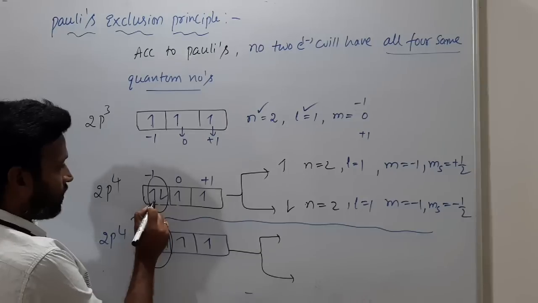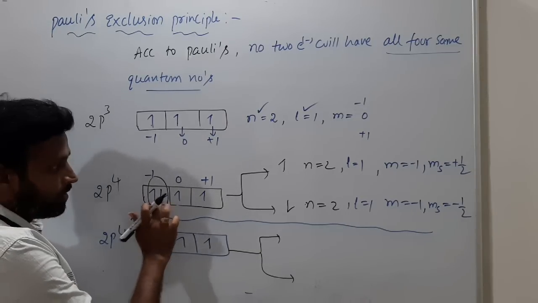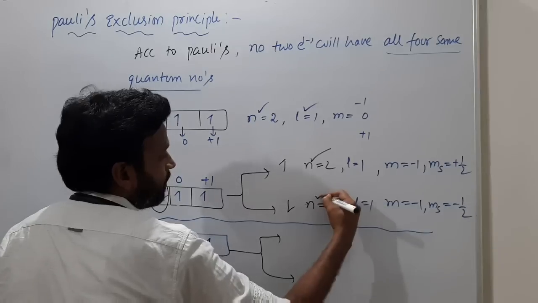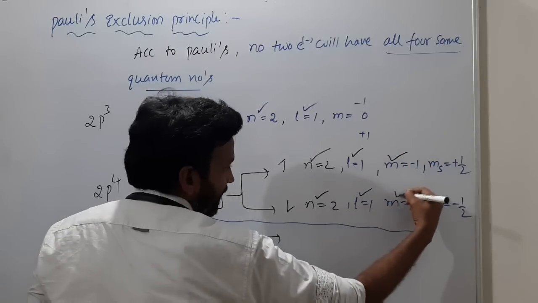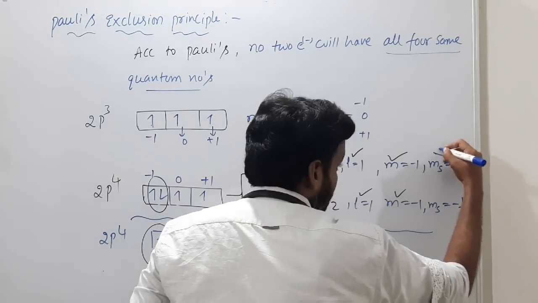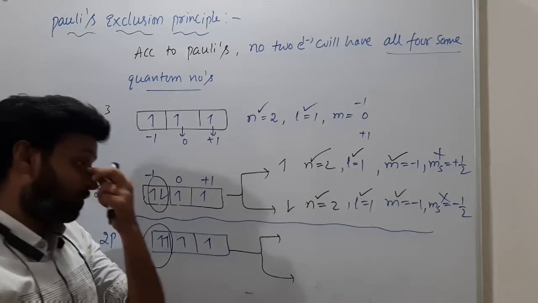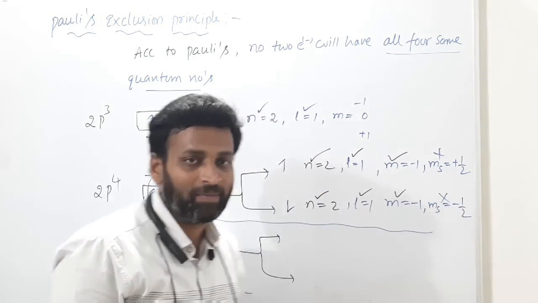See, these 2 electrons which are present in this particular degenerate orbital have same principal quantum number, same azimuthal quantum number, same magnetic quantum number, but different spin quantum number. So all 4 quantum numbers are not same.